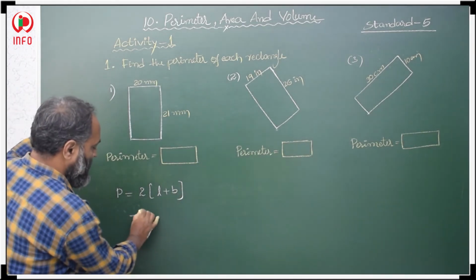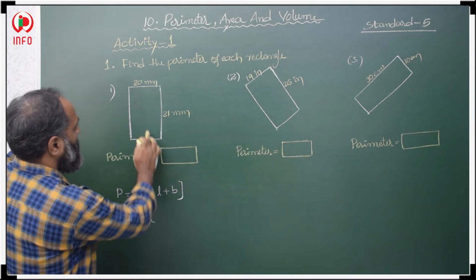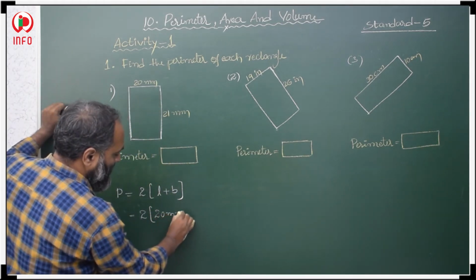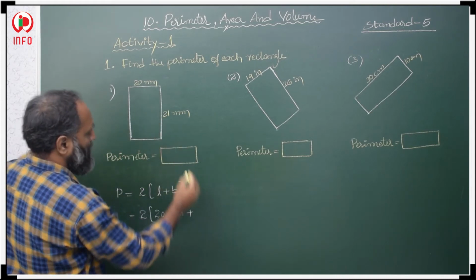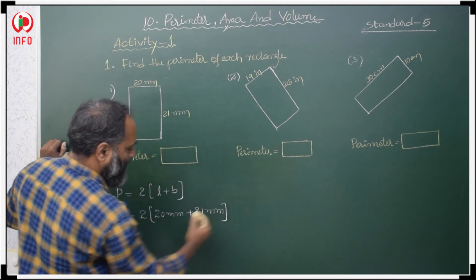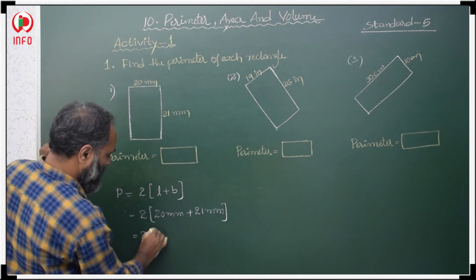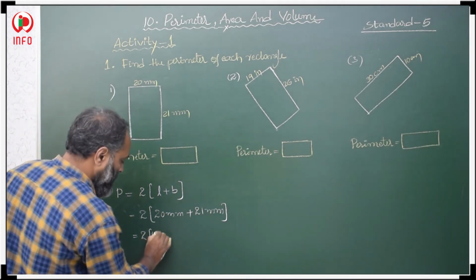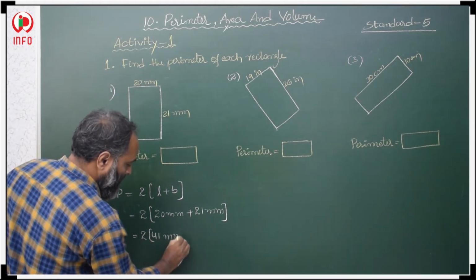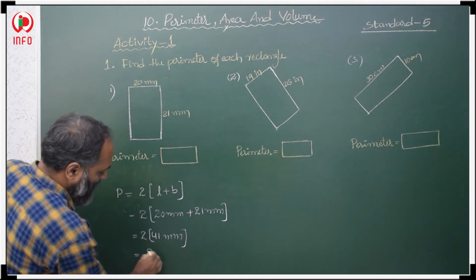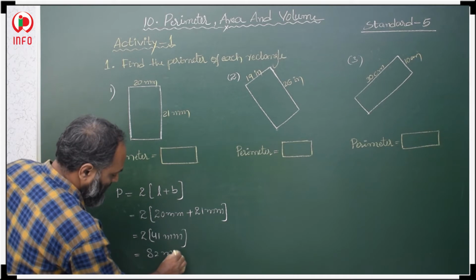Then 2 into, what is the length here? Length is 20 millimeters, and breadth is 21 mm. Then 2 into 20 plus 21, that is 41 mm. 2 into 41, 2 41s are 82 mm.